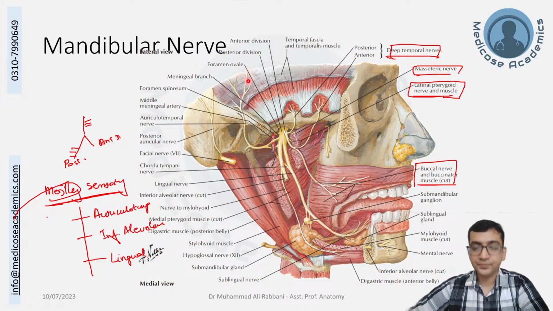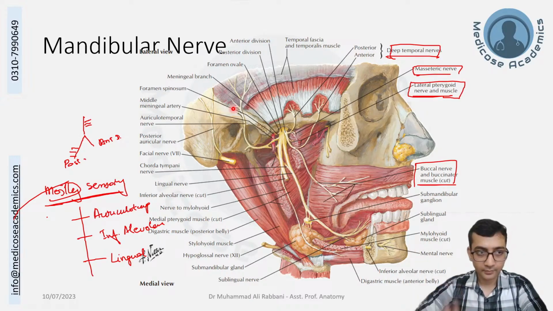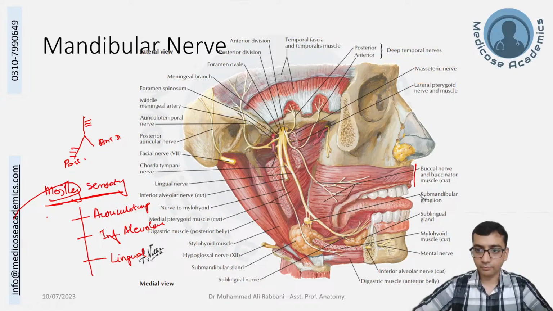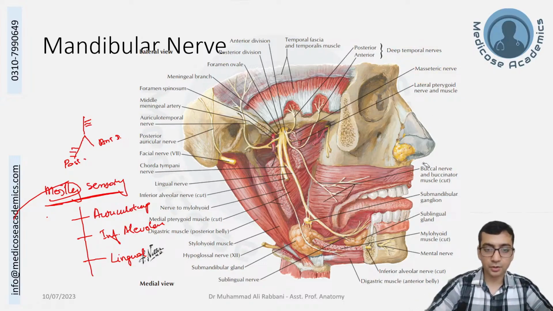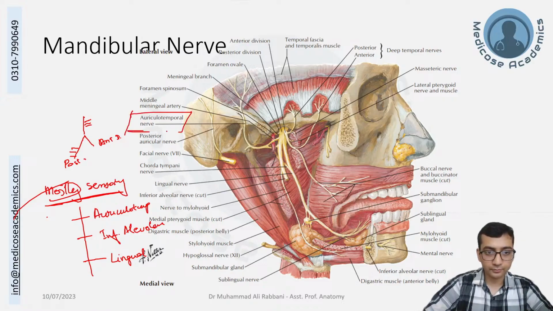It supplies parasympathetic, sympathetic, and sensory supply to the parotid gland. It supplies the sensory area to all of this temporal region. Let's keep it aside now. So we have just talked about the auriculotemporal nerve. Let's talk now about the lingual nerve. It is not very much included in this topic, but we have to discuss it, the chorda tympani nerve.